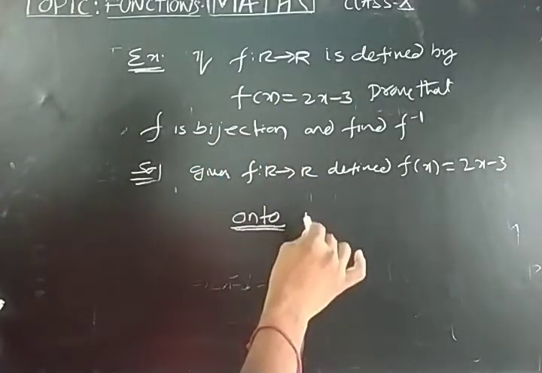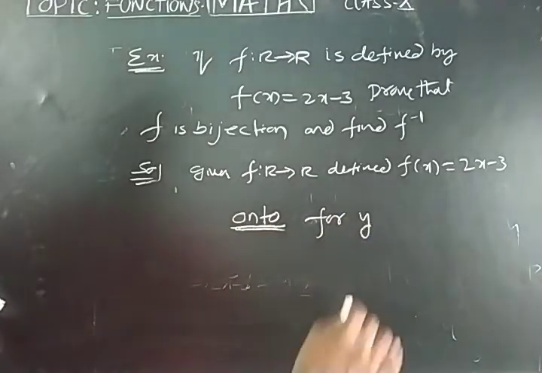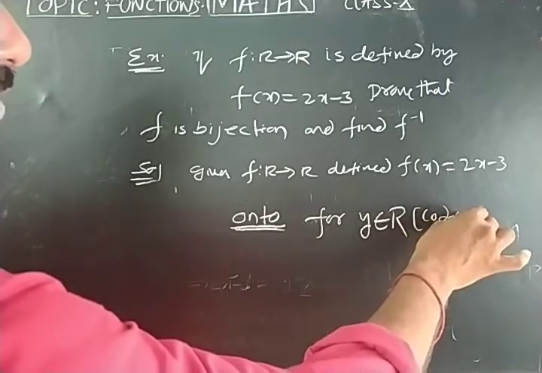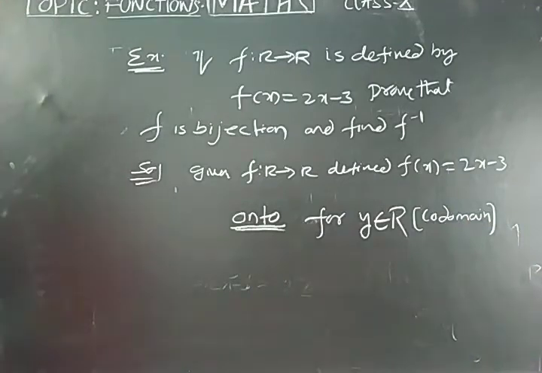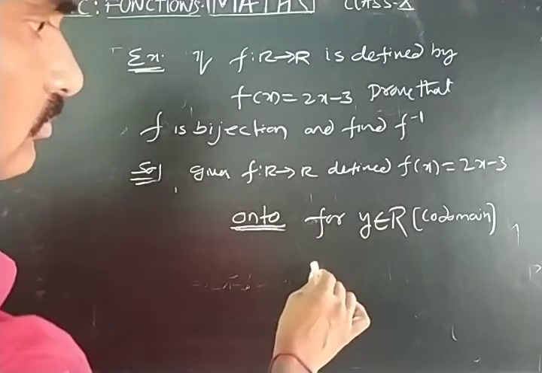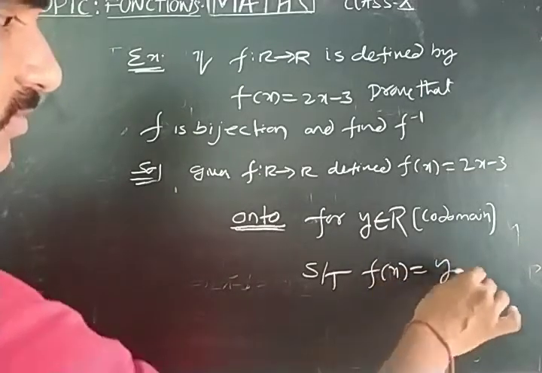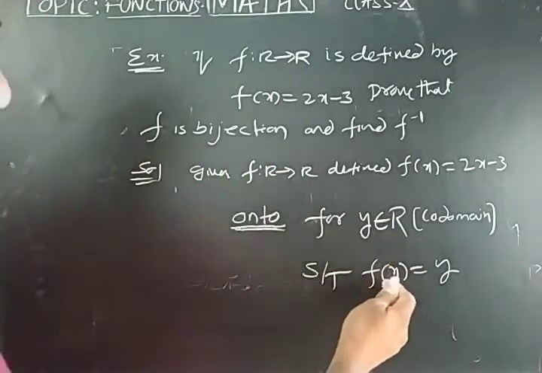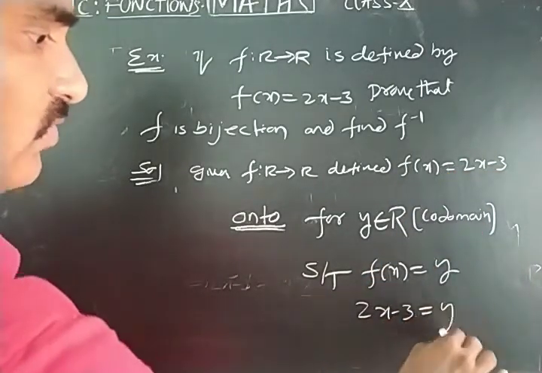So I take an element y in the codomain, y belongs to R, such that f of x is equal to y, that is, y is the image of some element in the domain. By definition, 2x minus 3 is equal to y.